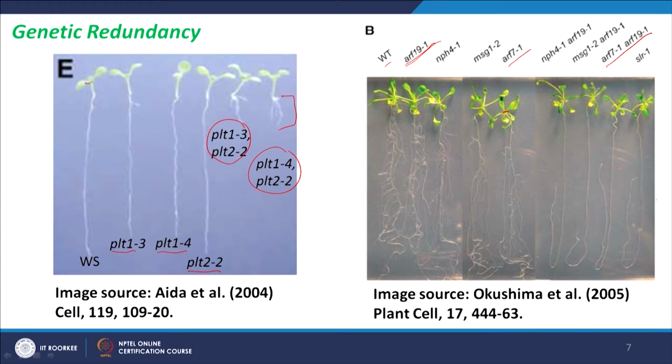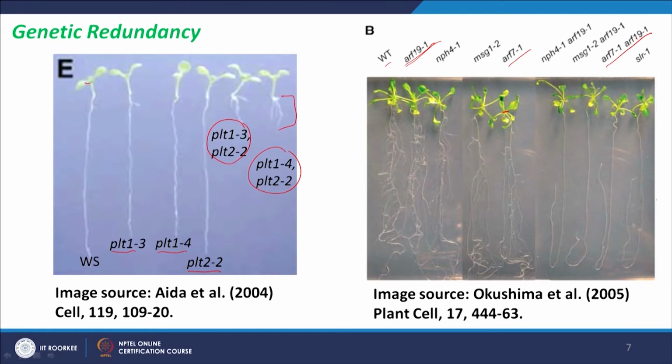It is equivalent to wild type, but this does not have any lateral roots. So, this also suggests that auxin response factor 7 and 19 are genetically redundant in regulating lateral root formation in Arabidopsis. So, this kind of genetic analysis will allow you to establish a genetic relationship between or among various regulators of a particular developmental pathway.